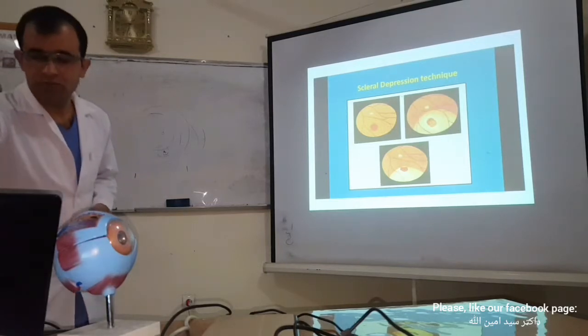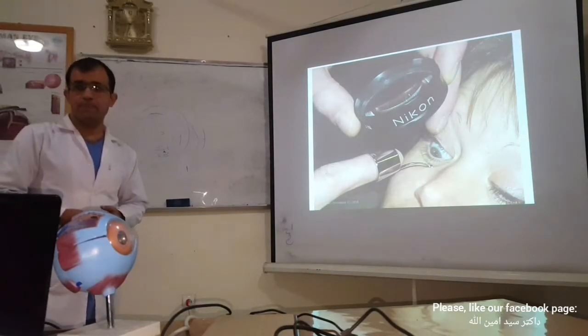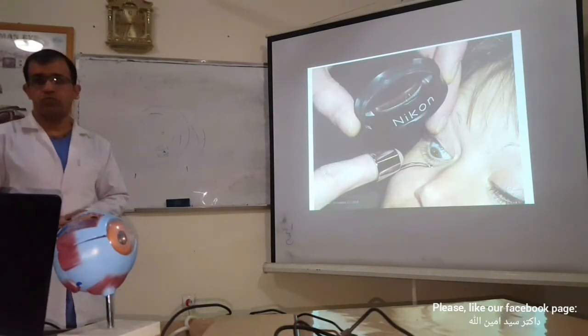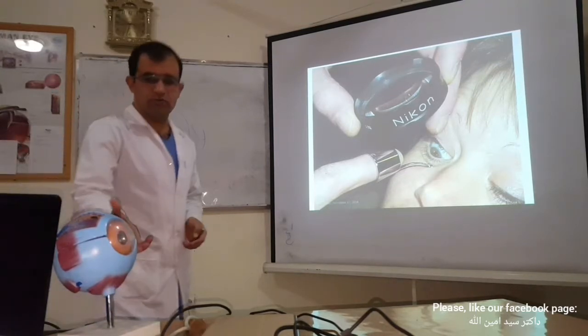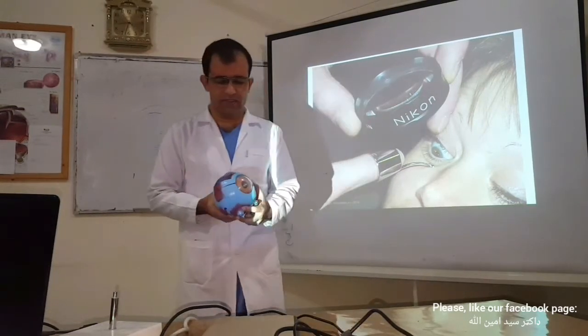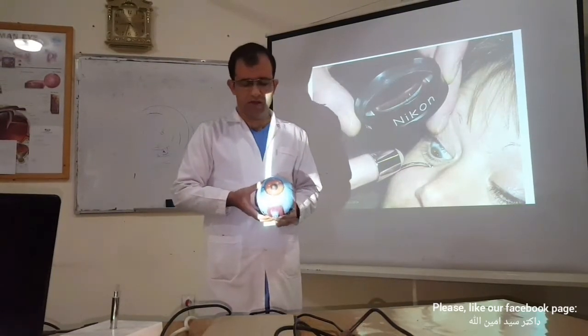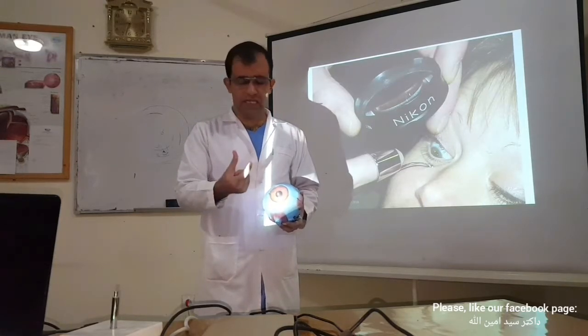And in the next picture you will see the reason why we see more areas with indentation. Because you look at this eye, and these peripheries are not shown by simply looking at the retina.